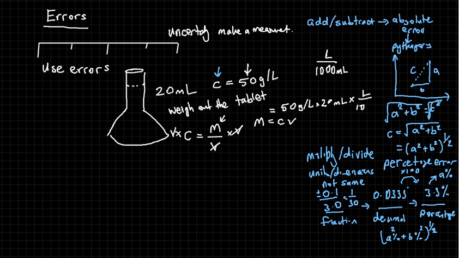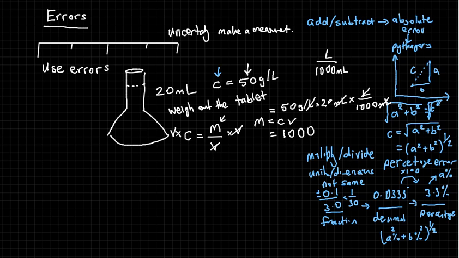So what we have to do is times it by the conversion factor, and in this case we know that a litre is equal to 1,000 mils. So we want to cancel mils, so we just times it by this.